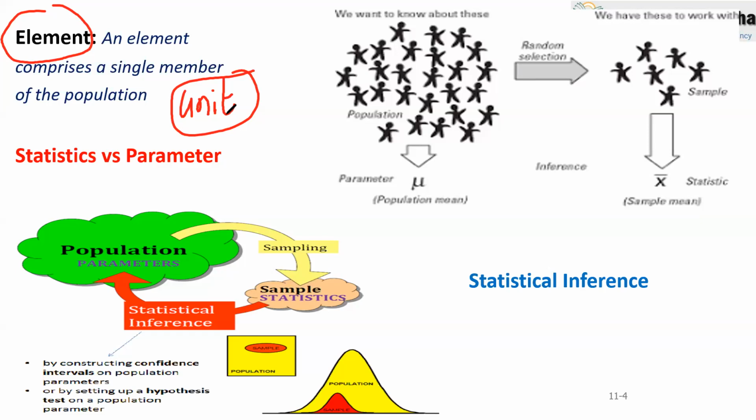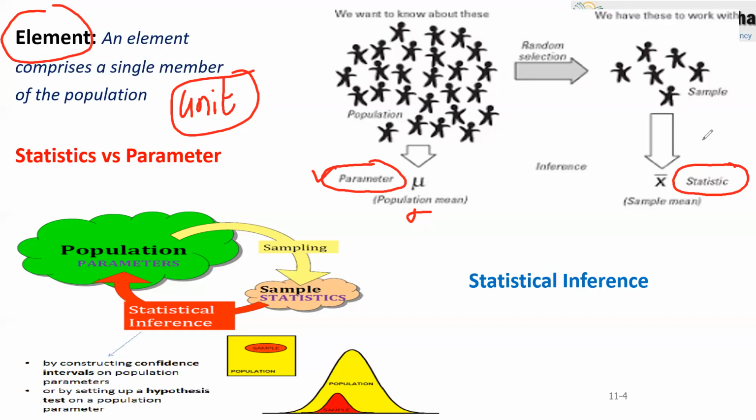And then there are two different terms which I wrote in this slide: one is the parameter and second is the statistic. Anything which you are measuring from the population, like the mean of the population or the standard deviation of the population, is called a parameter.